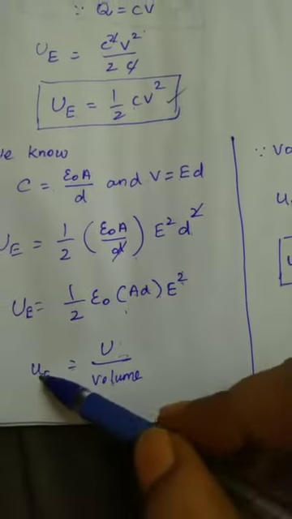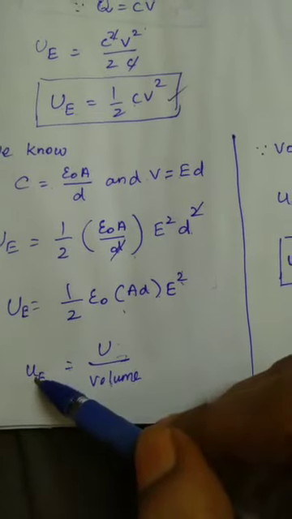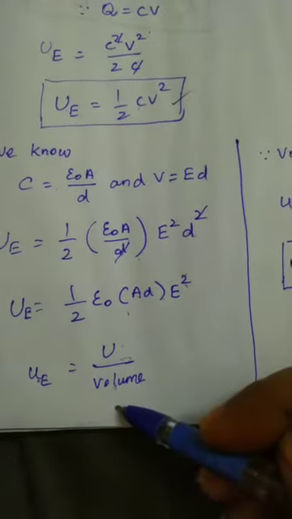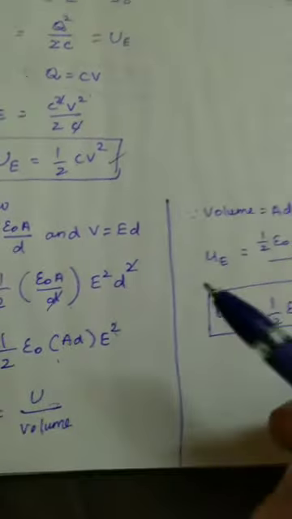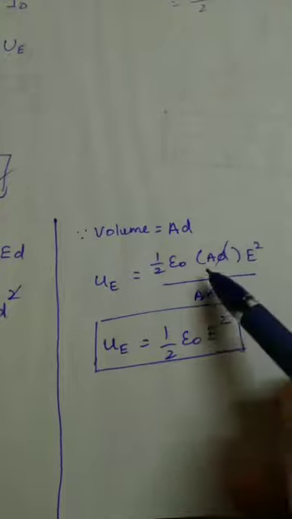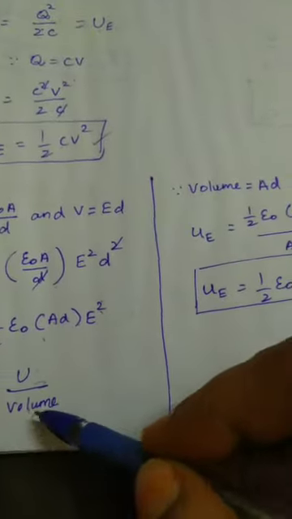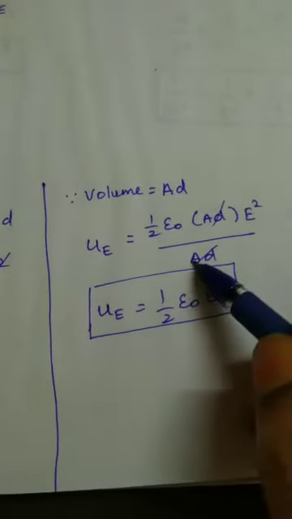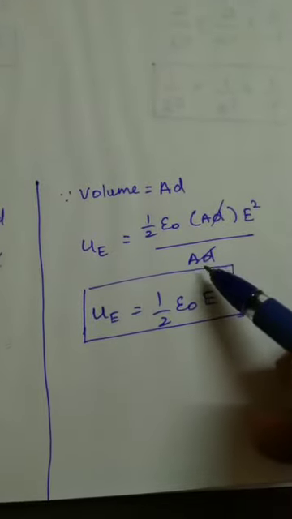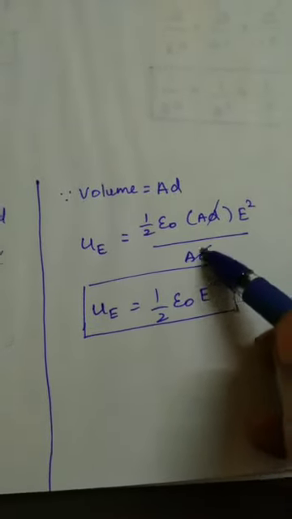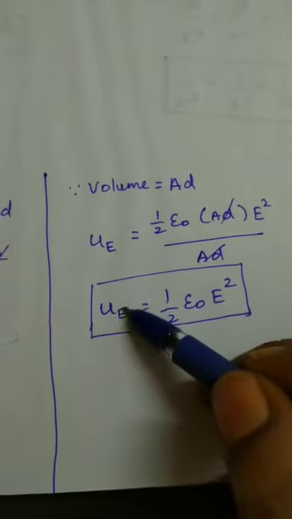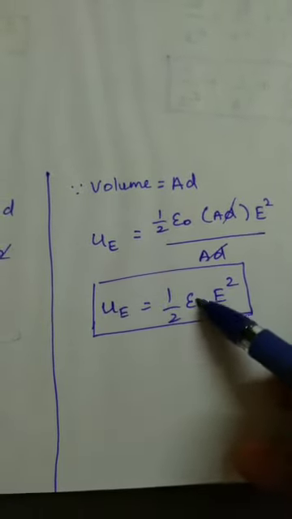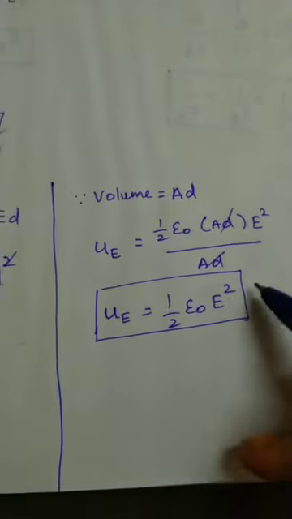It is called energy density, that is potential energy density. So energy stored we already calculated, substitute in here, divided by the unit volume. What is volume? Volume is the area into the length or distance of separation. So A into D, AD get cancelled. So energy density small ue is equal to half epsilon naught E square.